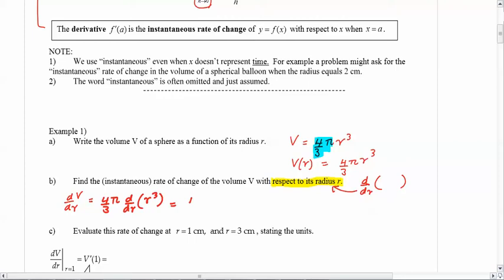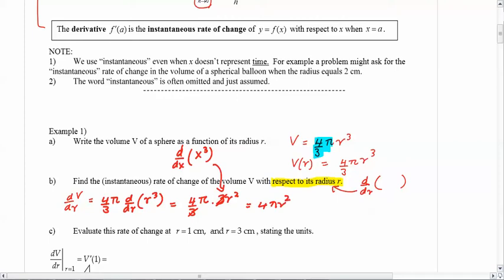So we've now got 4/3 pi, and the derivative of r cubed with respect to r is going to be 3r squared. If that seems a little puzzling, just think about what happens if we were trying to differentiate x cubed with respect to x. Well, that actually is really easy. That's 3x squared. So all we've done really here is replace x by r. So when we tidy up our final answer, the 3's are going to cancel, and I'm left with 4 pi r squared.